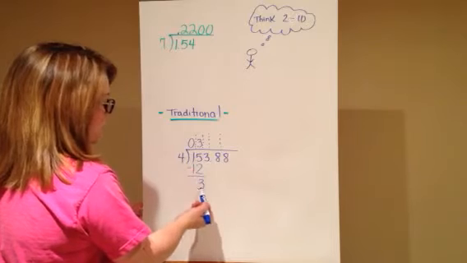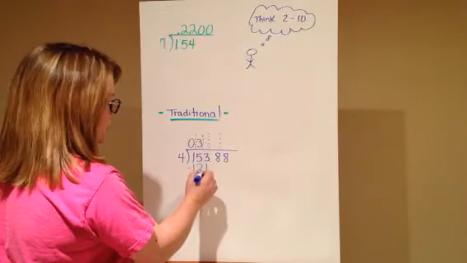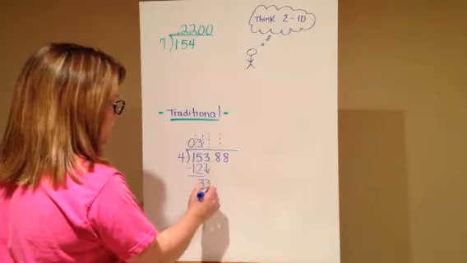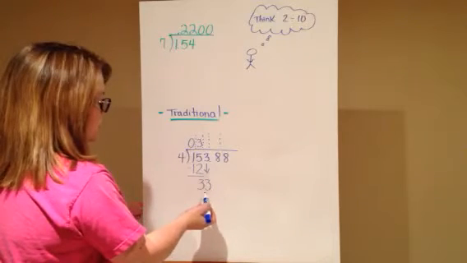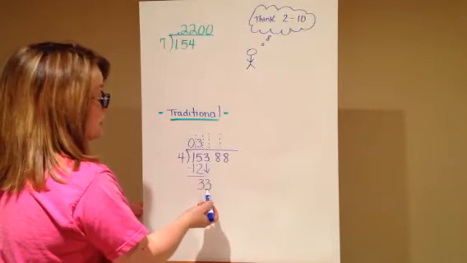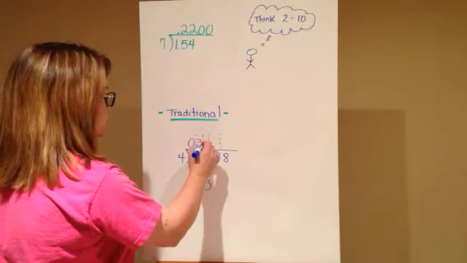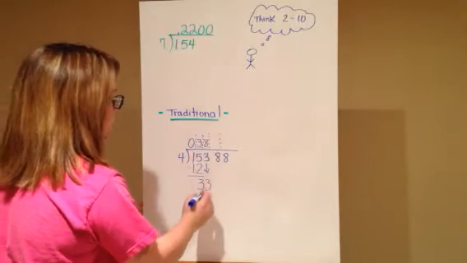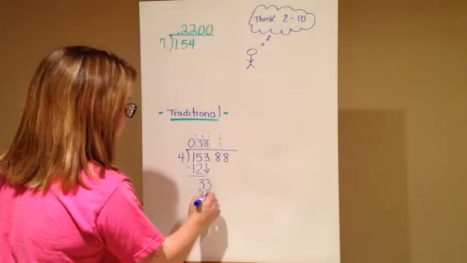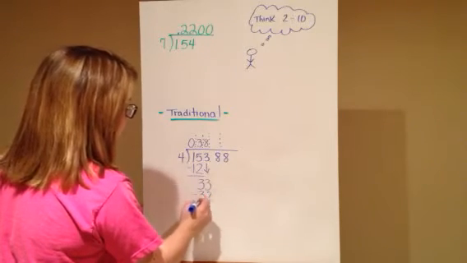I cannot take 4 into 3, so I'm going to bring down this 3. 4 goes into 33 7 times, or actually 8. 4 times 8 is 32. Then we're going to subtract.